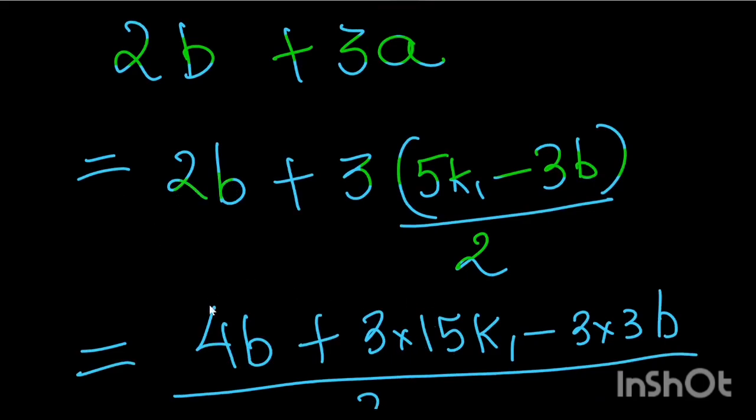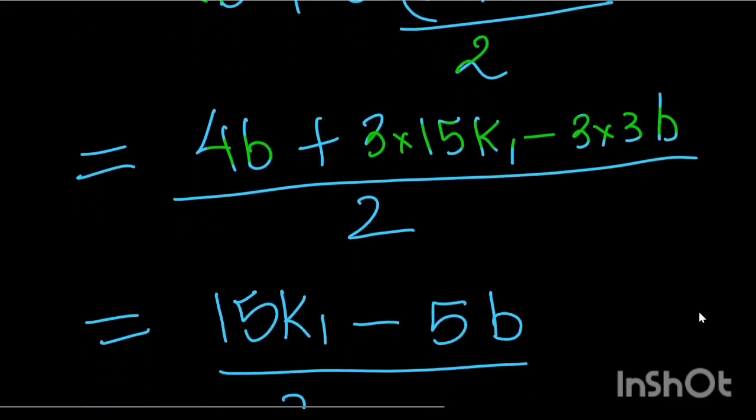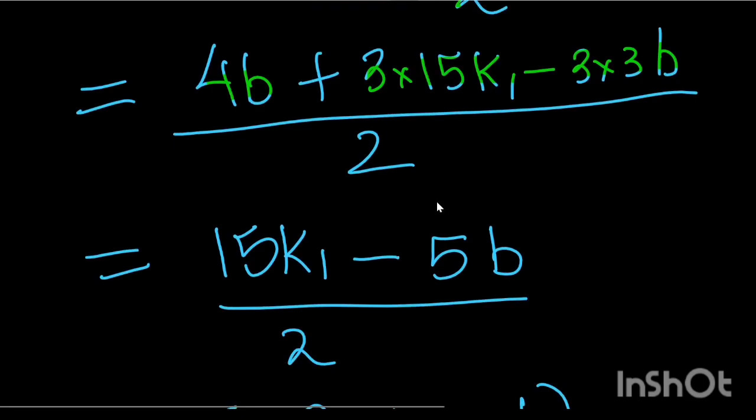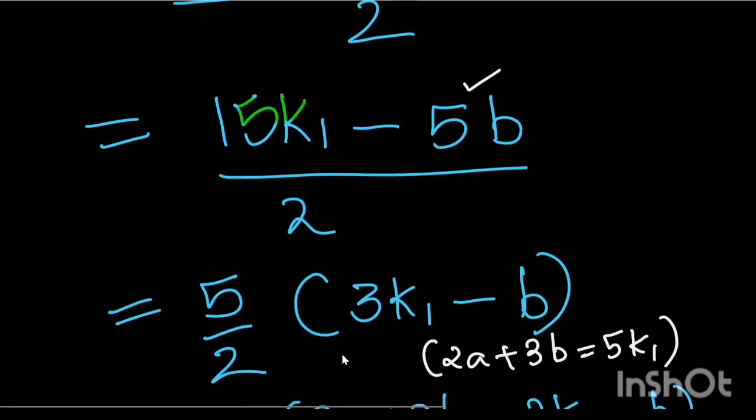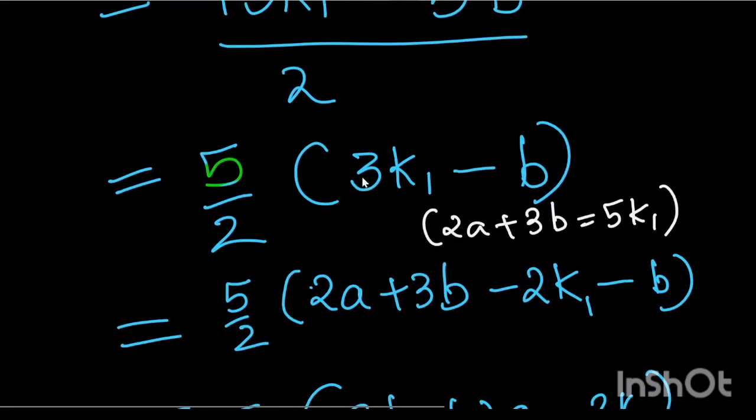Taking LCM, 2b becomes 4b, 3 is multiplied into the bracket, so 4b minus 9b becomes minus 5b, and 3 into 5 is 15k1. So now taking 5 out, we write 3k1 as 2a plus 3b minus 2k1.